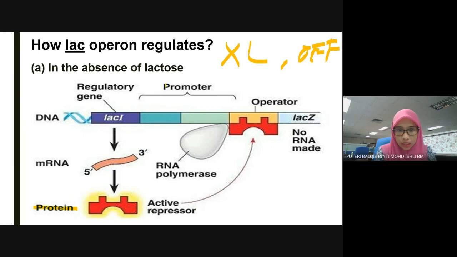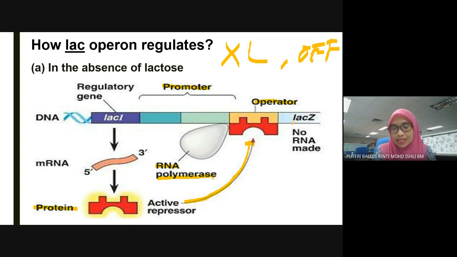This is the promoter, a binding site for RNA polymerase. And this is the operator, where the repressor protein will bind. And this is the structural genes.